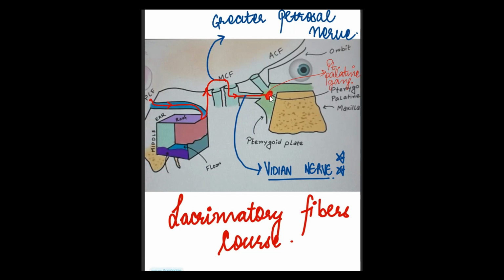But postganglionic fibers still have a path to follow. I told you that from the pterygopalatine canal, there is a nerve which comes. This nerve is called the nerve to pterygoid canal, which is also known as the Vidian nerve.